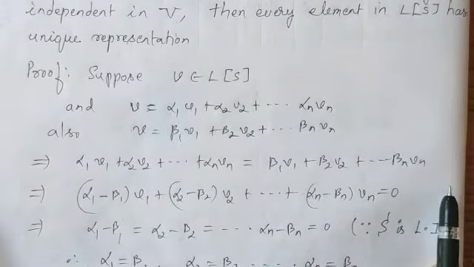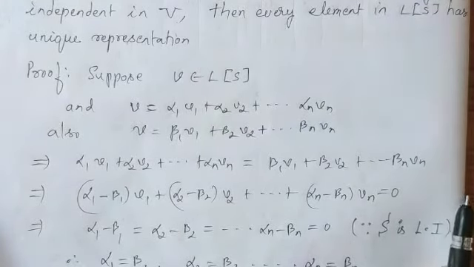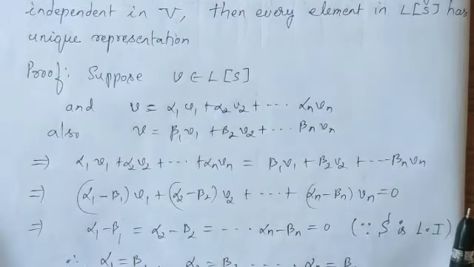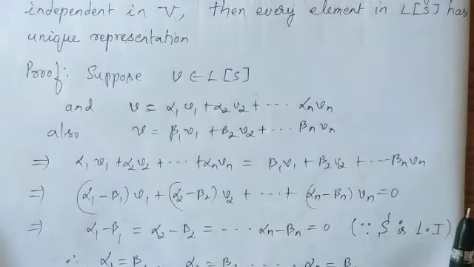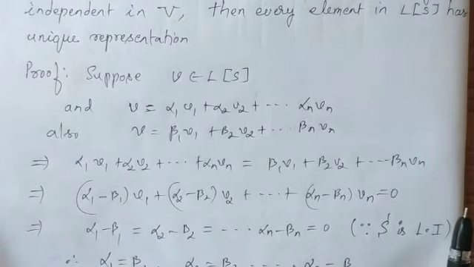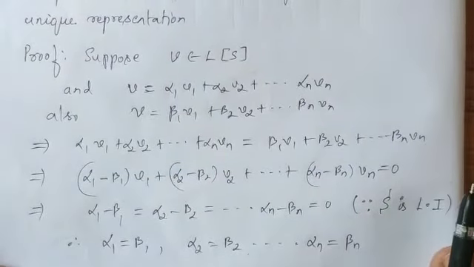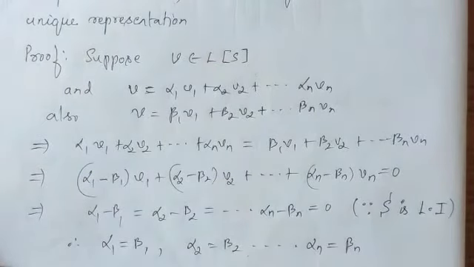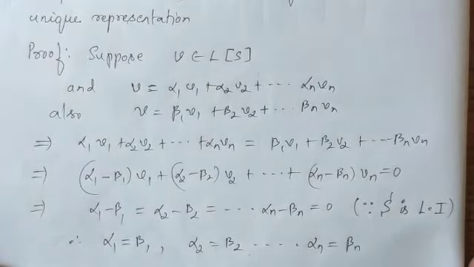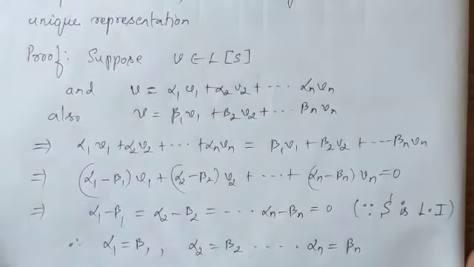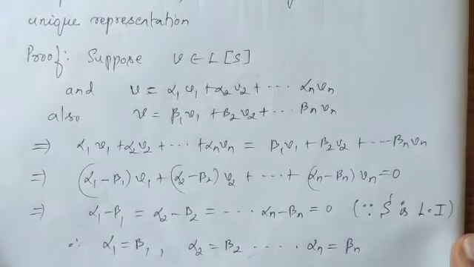Since v1, v2, etc. vn are linearly independent, alpha 1 minus beta 1, alpha 2 minus beta 2, etc., alpha n minus beta n are all equal to 0. So this gives us alpha 1 equals beta 1, alpha 2 equals beta 2, etc., alpha n equals beta n. Therefore the representation is unique.